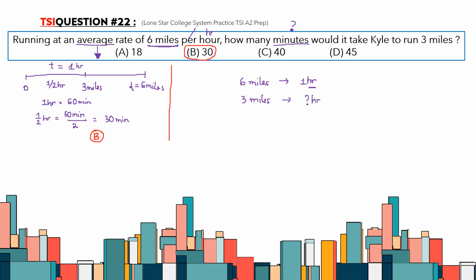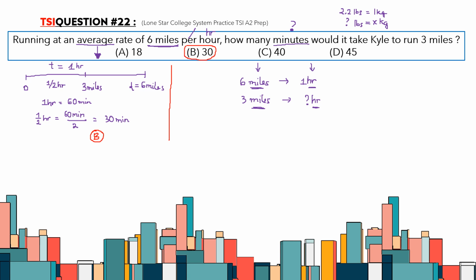We use hour here, so hour has to be here as well. We use miles here, mile has to be here. Same unit. You can watch the questions about converting 2.2 pounds equal 1 kilogram, and what x kilograms equal in pounds. You can watch that video, and there is more about that technique.